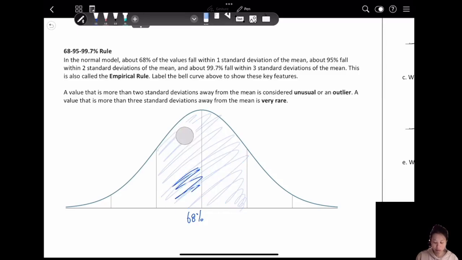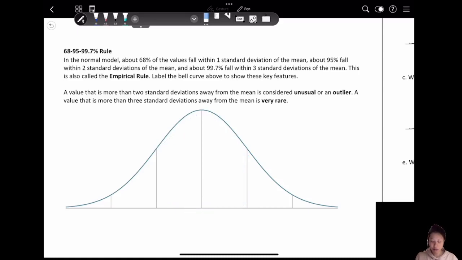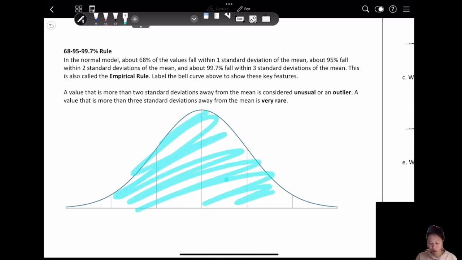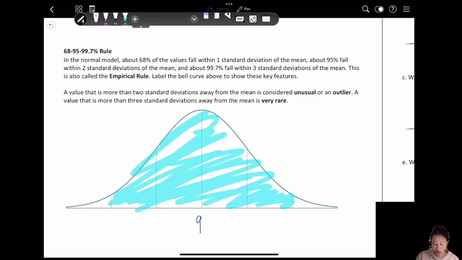And then about 95% fall within 2 standard deviations. So this part is 2 standard deviations, which takes up 95%. And then 99.7% falls within 3 standard deviations of the mean.